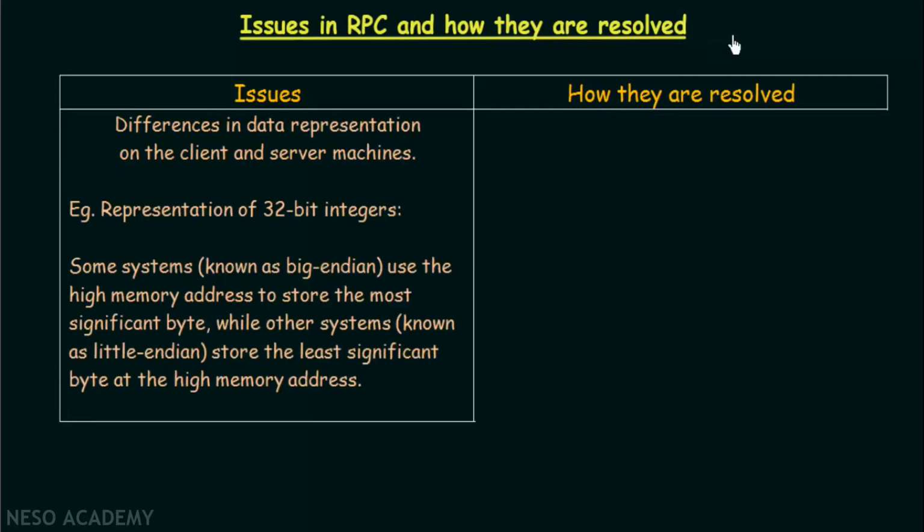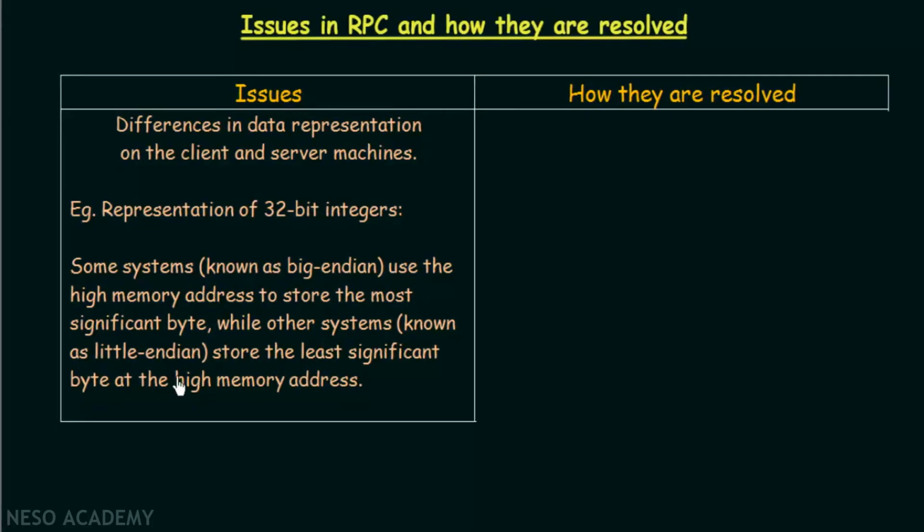So the first issue that we face is difference in data representation on the client and server machines. So this is the issue where the data representation is different on the client and the server machines. Like for example, for the representation of 32-bit integers, some systems known as the Big Endian use the high memory address to store the most significant byte, while other systems known as Little Endian store the least significant byte at the high memory address.